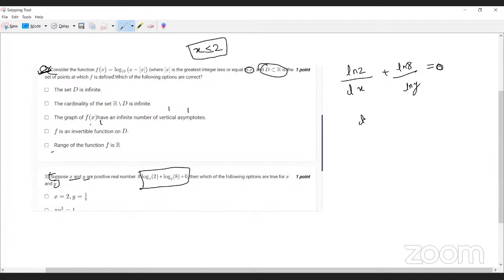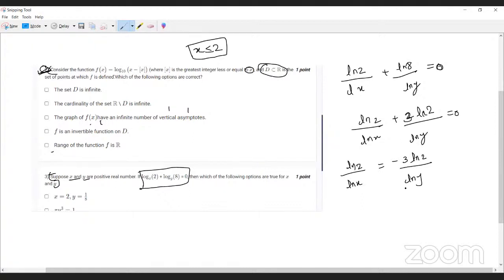We take ln 2 common because 8 is 2 cube. I can write it as 3 times ln 2 over ln of y equals 0. Then we can take ln 2 common and simplify.